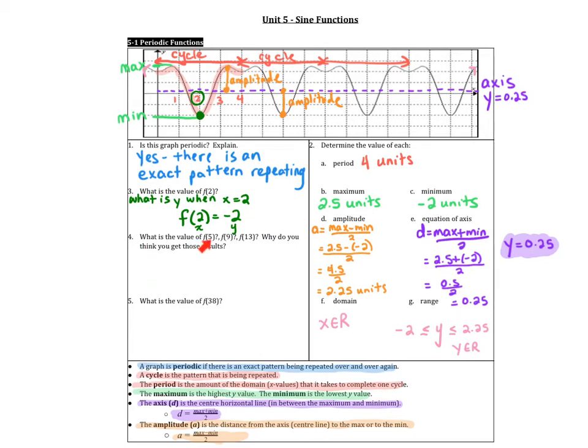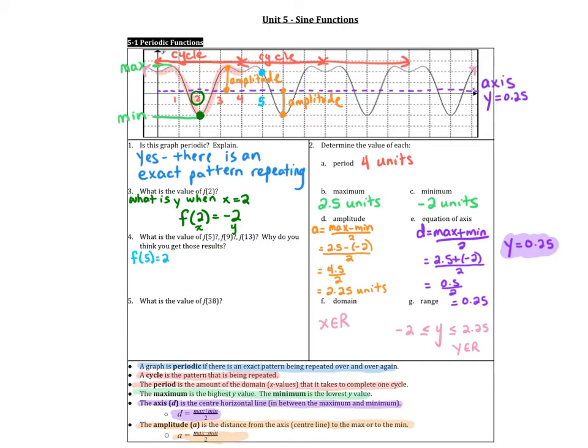So similarly, what is the value of f of 5? Well, here's 5 here. Here's an x value of 5. And when x is equal to 5, the y value is equal to 2. So f of 5 is equal to 2. And it's asking what is f of 9?